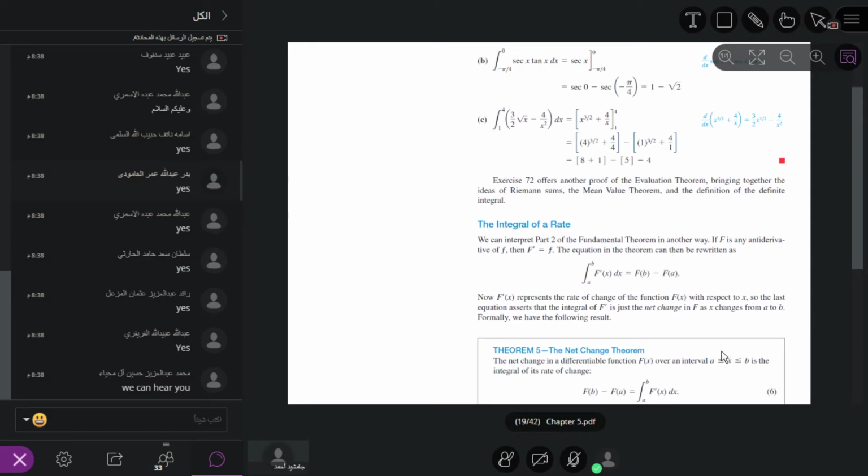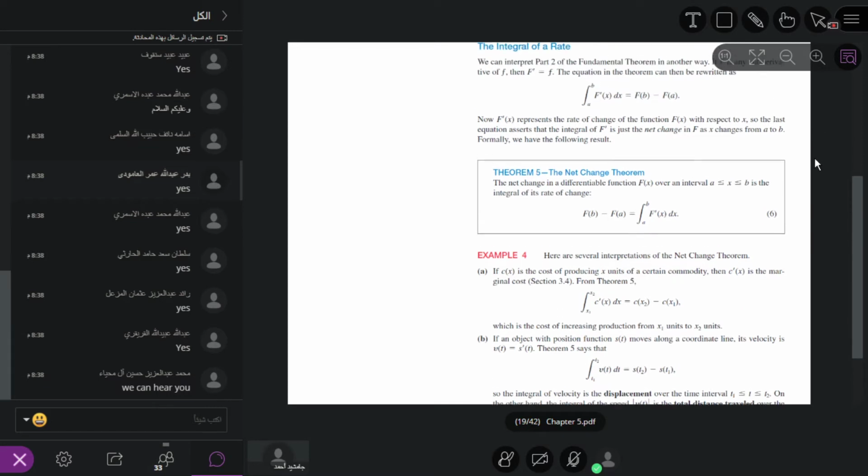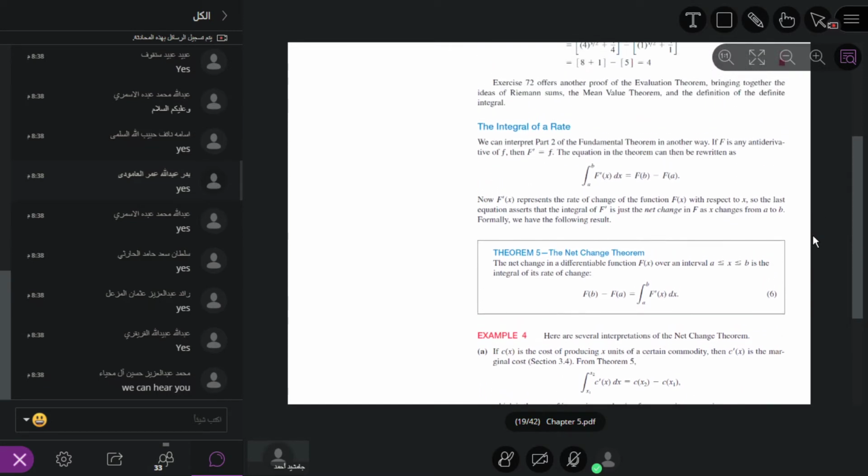So today we start the net change theorem. Last time we discussed the net change theorem, so we will revise it a little bit today and then move to the next. So in the net change theorem, we have a differentiable function f of x.